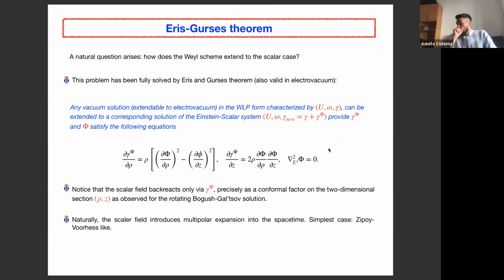The reason can be understood as a scalar extension of what I told you before was called the Weyl problem. So Eriş and Gürses showed the following in the 70s, in a basically forgotten paper, that any vacuum solution, or electrovacuum, but here I will be dealing only with vacuum, in a Weyl-Lewis-Papapetrou form.